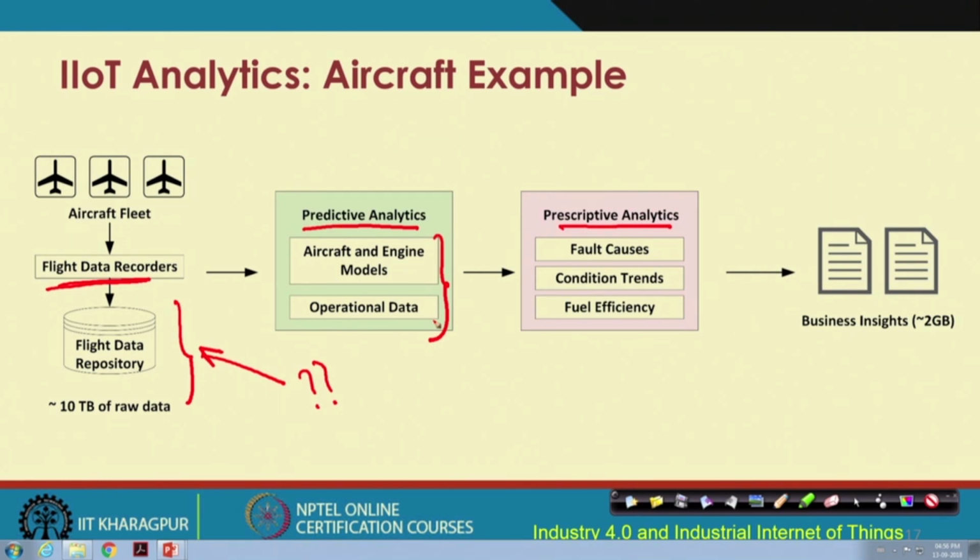Prescriptive analytics basically deals with fault causes, condition trends, fuel efficiency and so on. So, both predictive and prescriptive analytics can help in getting business insights. This is just an example where analytics is very important.